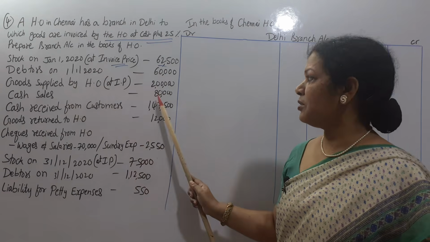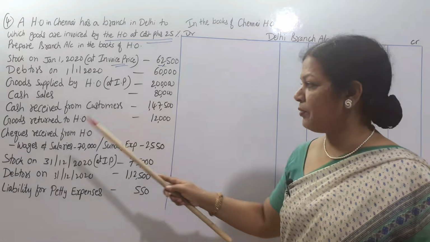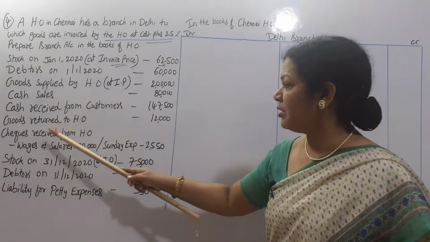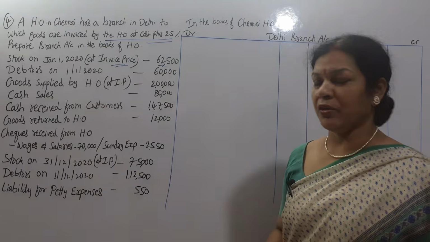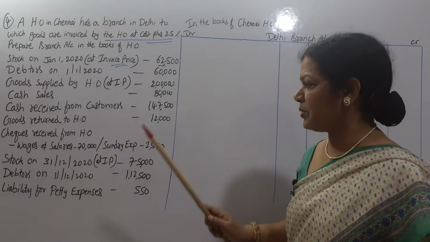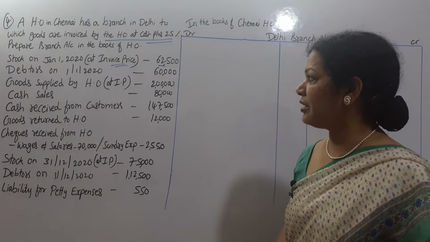Cash sales 80,000. Cash received from customers 1,47,500. Goods returned to head office 12,000. And cheques received from head office. Wages and salaries 70,000. Sundry expenses 2,550. And this is closing stock also at invoice price.